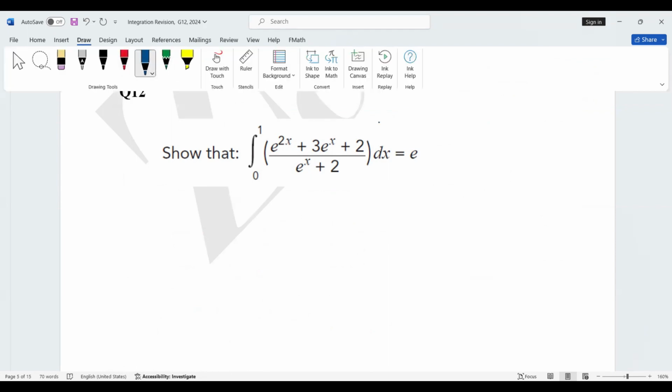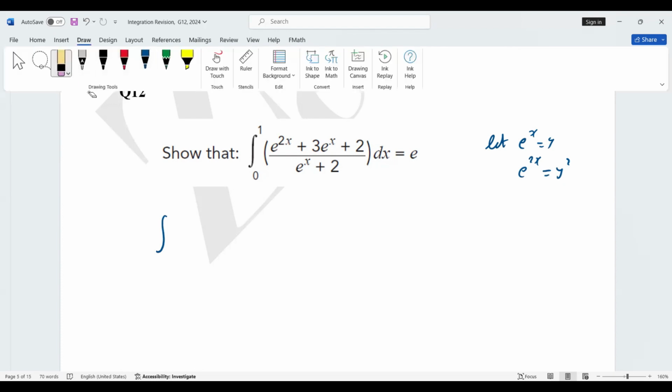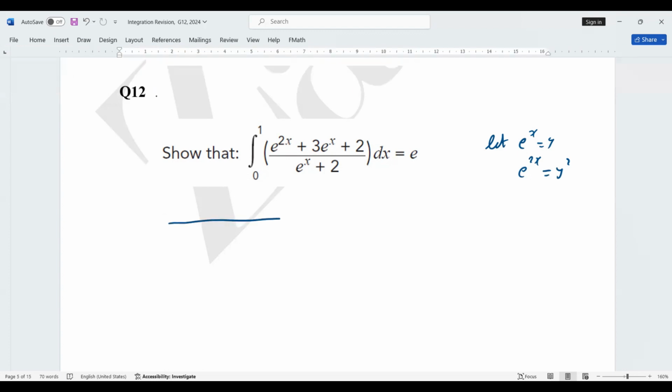So we can say let e^x equals y, then e^(2x) equals y squared. First we simplify, and do the integration at the end. So e^(2x) + 3e^x + 2 over e^x + 2 equals, in terms of y, y squared + 3y + 2 over y + 2.